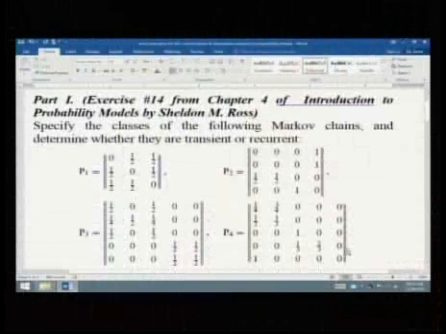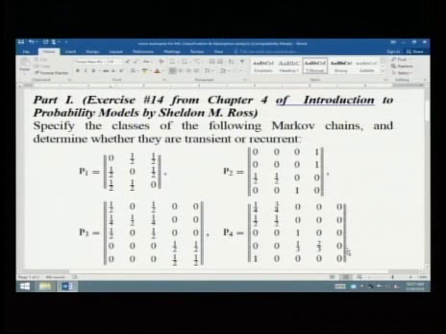Okay, and I got this problem from one of our reference books, Introduction to Probability Models by Dr. Ross.